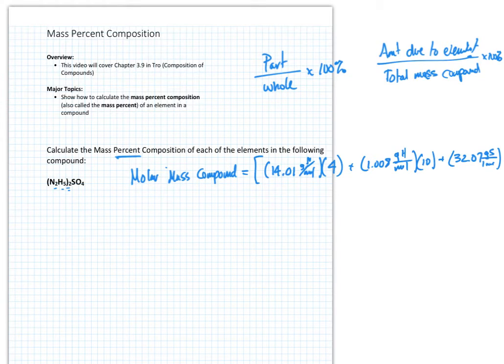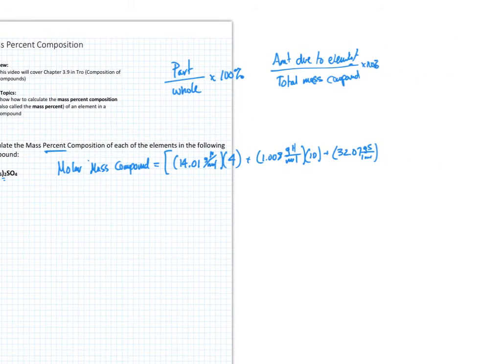I apologize, I'm going off the screen here. And oxygen is 16.00 grams oxygen per 1 mole times 4 oxygens.